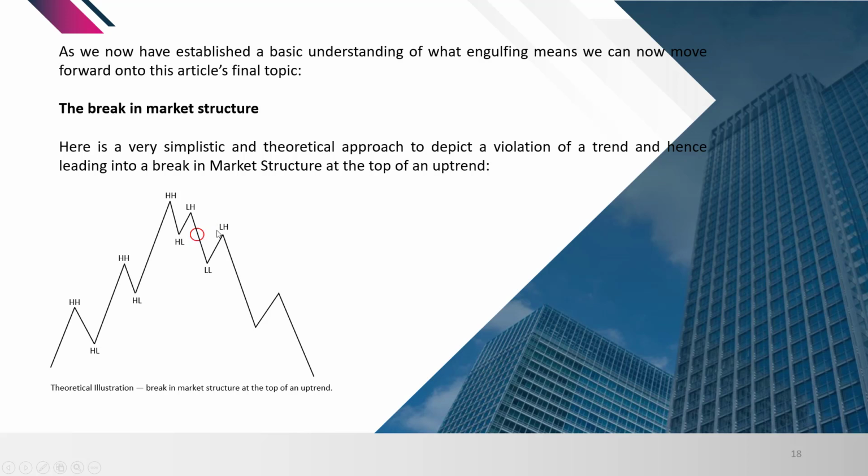This now is what we call a break in market structure, because now the trend is starting lower highs, lower low, lower highs, lower low, lower highs, lower low as price moves. So that circled area is where the break in market structure occurs, meaning the uptrend has come to an end. The buyers are exhausted.